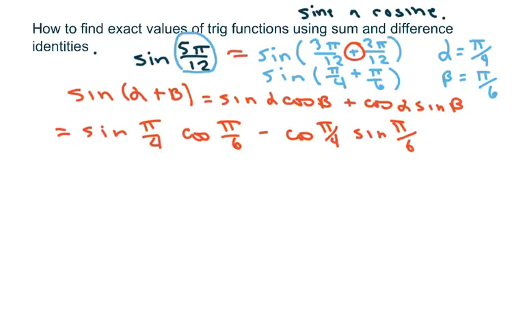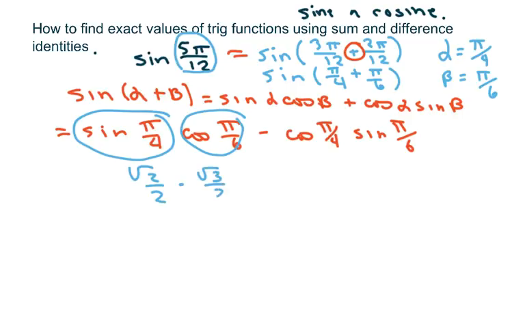We know that sine of pi over 4 is square root of 2 over 2. Cosine of pi over 6 is square root of 3 over 2. Plus square root of 2 over 2, and this is going to be 1/2 times 1/2.